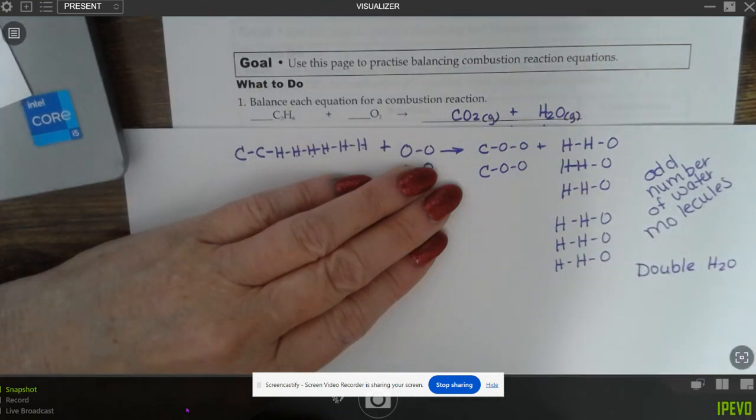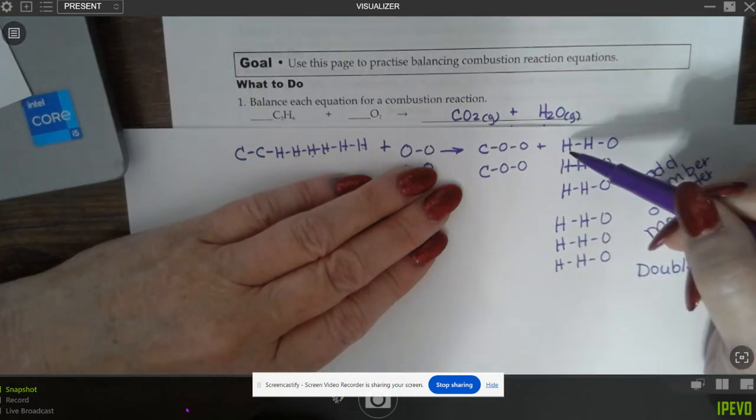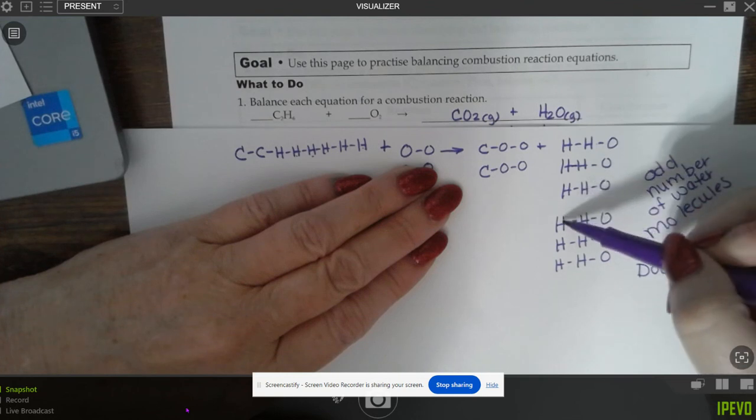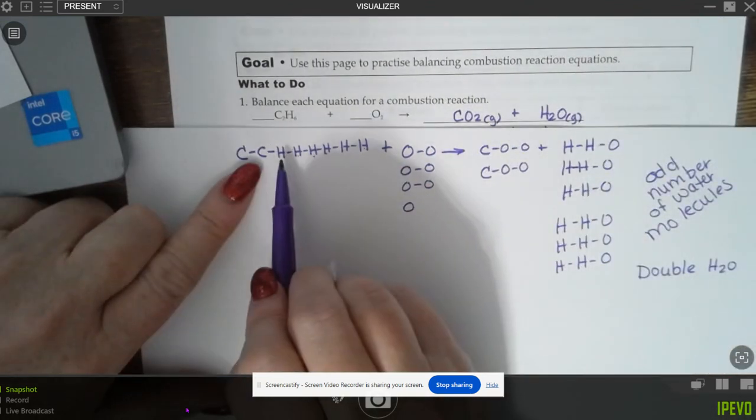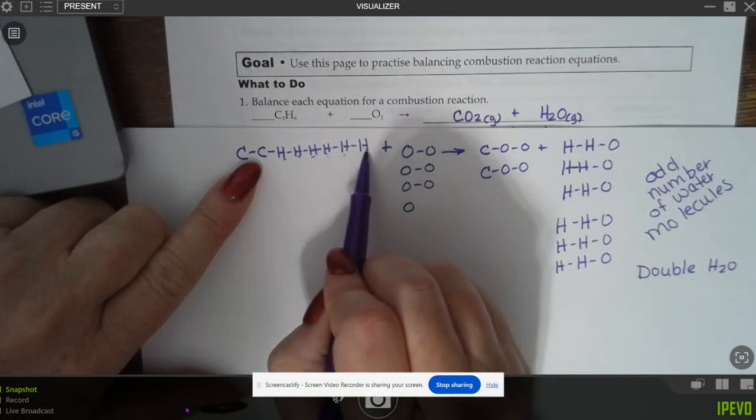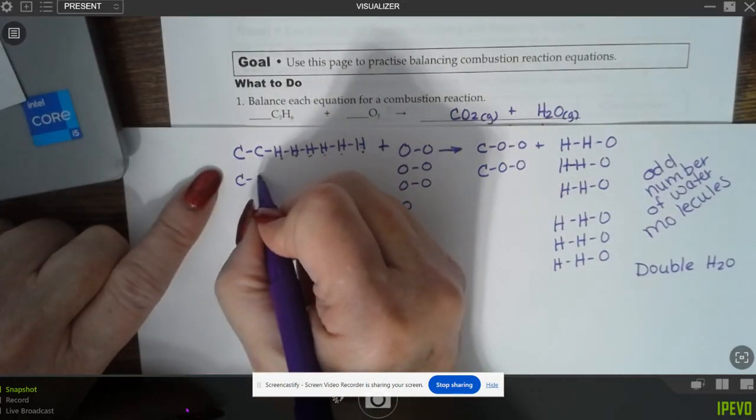Okay, so now let's go back. I've got 1, 2, 3, 4, 5, 6, 7, 8, 9, 10, 11, 12 hydrogen. Over here, I have 1, 2, 3, 4, 5, 6 hydrogen. So I need another one of these.